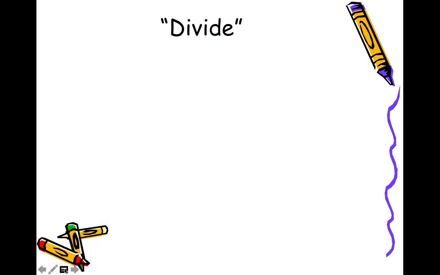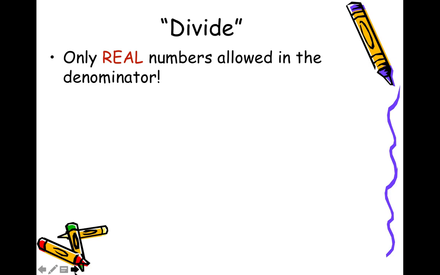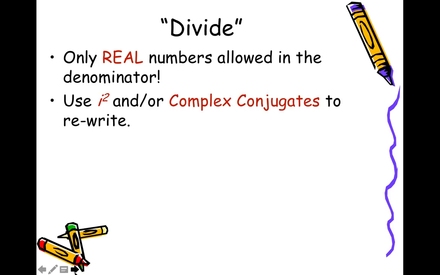So, when you're dividing, there's a rule. And it's a rule I didn't make up. And it's really only a rule for convenience. But you have to follow the rule, unfortunately, even if you don't agree with it. Mostly because multiple choice answers are always presented this way. Only real numbers are allowed in the denominator. How you're going to get rid of any complex numbers is you're going to use your fraction knowledge.